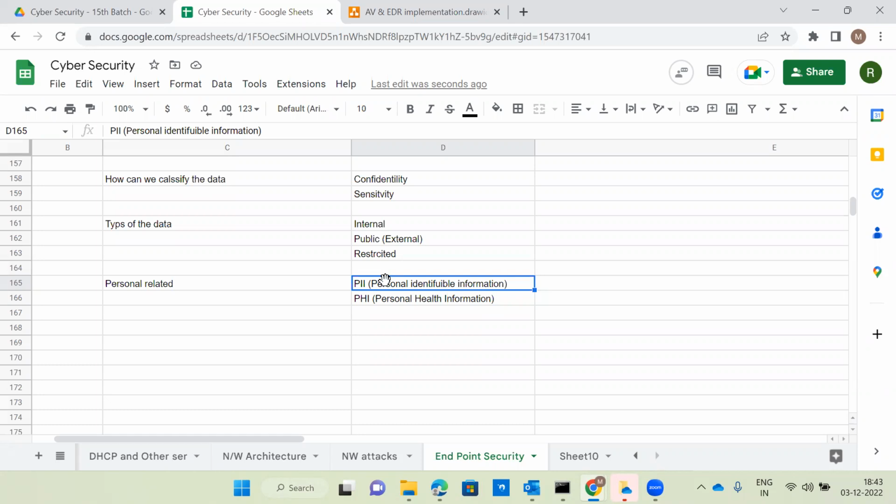This PII data concept has come from GDPR compliance. GDPR compliance was first introduced by the European continent. Europe has 25 countries. In all those countries, if any PII data is exposed to the public or customers, in that scenario there will be a lot of fines or penalties related to GDPR compliance.